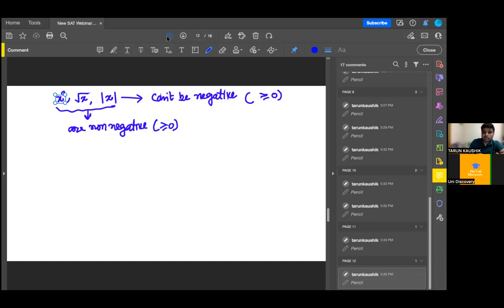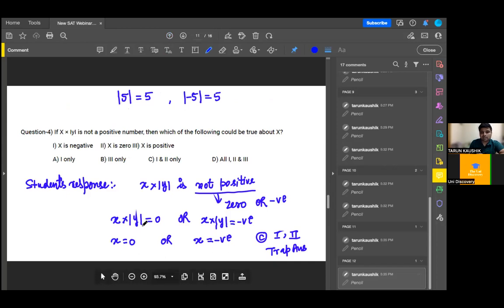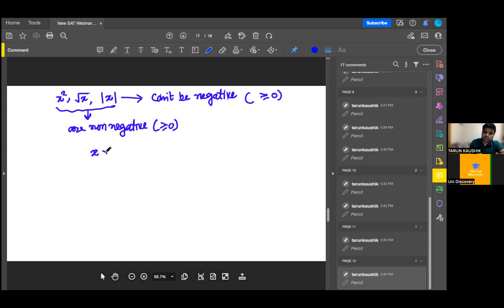So now if we write down the first case, x into modulus y is equal to 0. With the basic properties, if the product of two numbers is 0, either x is 0 or y is 0 or both of them are 0, which means at least one of the numbers must be 0.